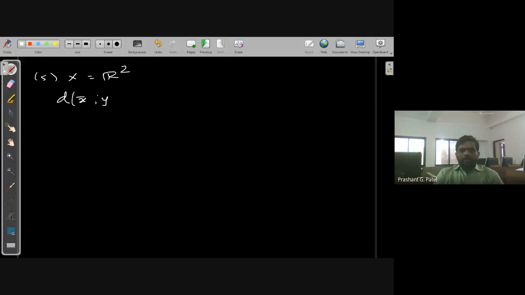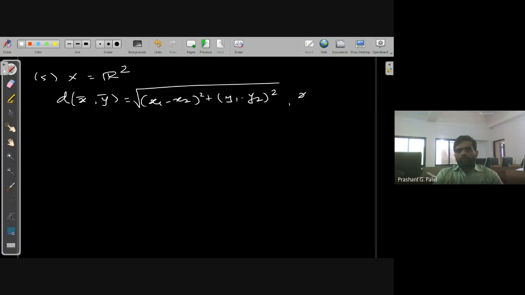For x bar and y bar I define the metric in the usual manner, that is the square root of (x1 minus y1) square plus (x2 minus y2) square, where x bar is x1, x2 and y bar is y1, y2, belonging to R square.